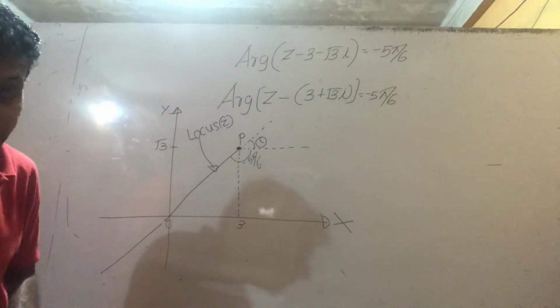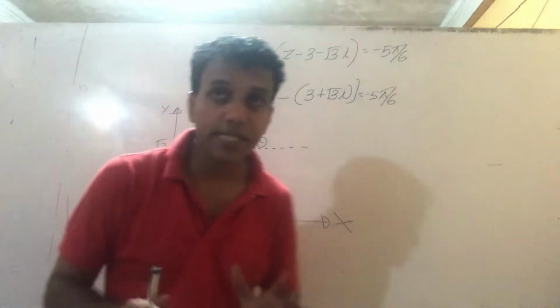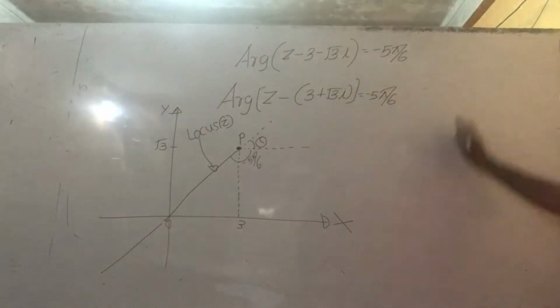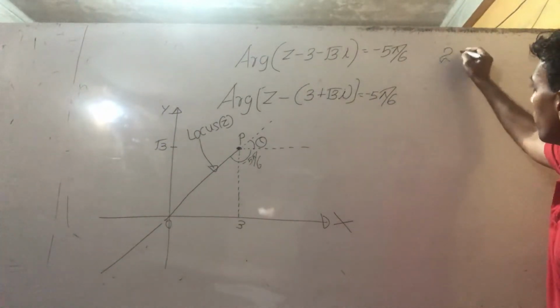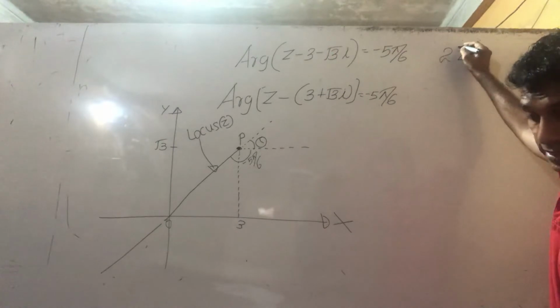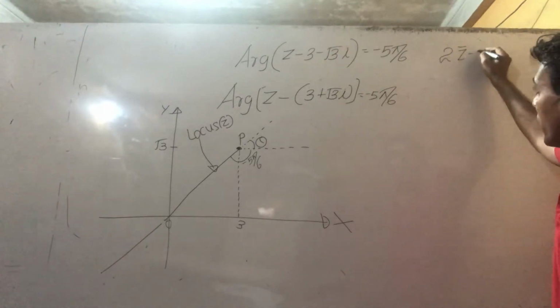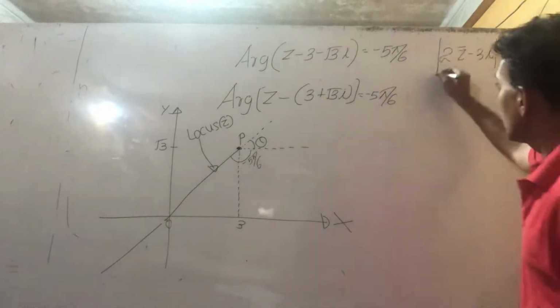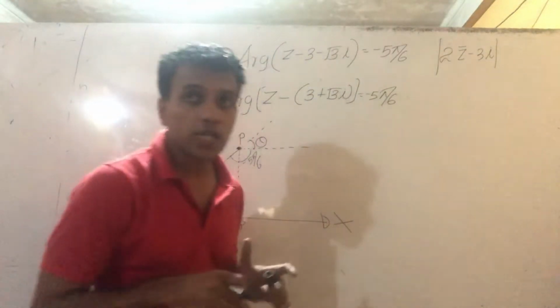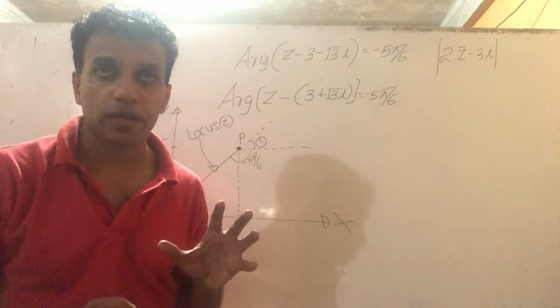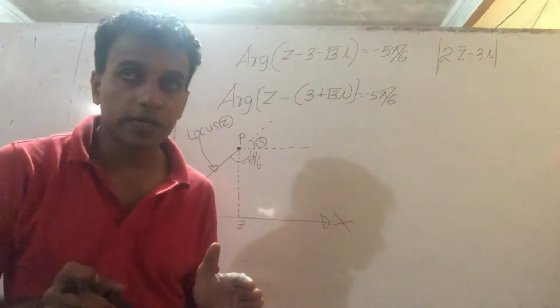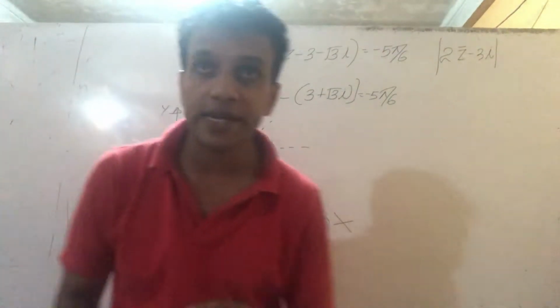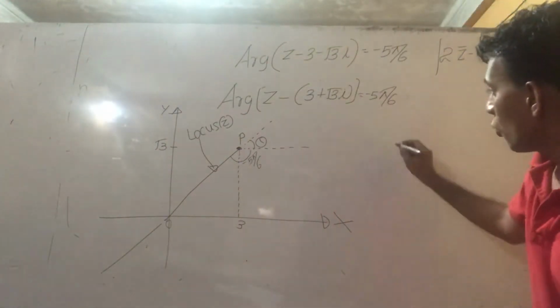Hence, find the least value of 2 modulus of z bar minus 3i. Find the smallest value of such a modulus part. So what do we mean by the modulus? I explained the argument earlier; now I show the modulus.